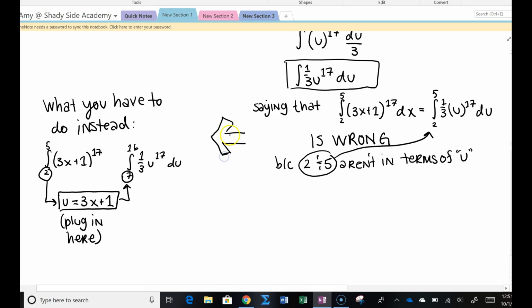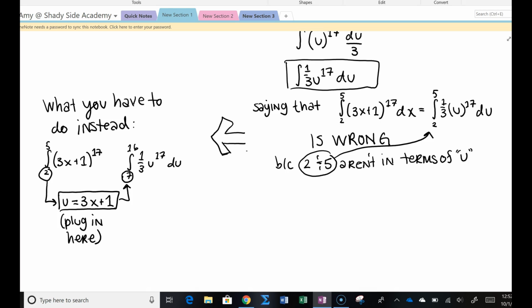At this step right here, sometimes people like to write this as 1/3 times u to the 18th over 18, and put the u back in as 3x plus 1 to the 18th all over 18. If you put the u back in terms of x, what will the limits have to be? 2 and 5. Yes, you've got to revert back.